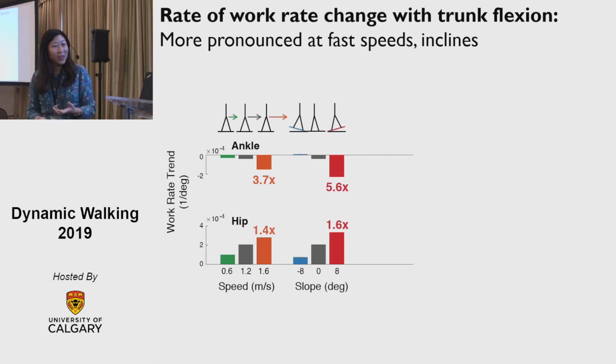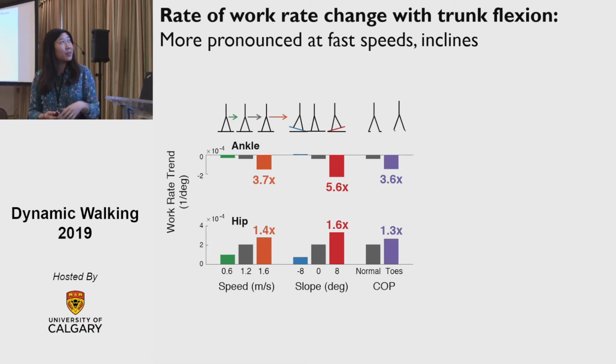If you look at slope, you have something similar, where you have about a 5.6 times rate of decrease versus a 1.6 times rate of increase. And then for toes, it's about 3.6 and 1.3. So kind of similar numbers here. This is looking at the trends and the rate of change as you change your trunk angle.